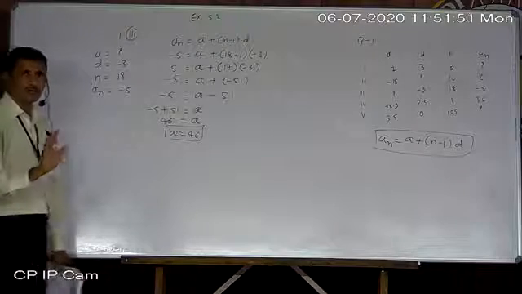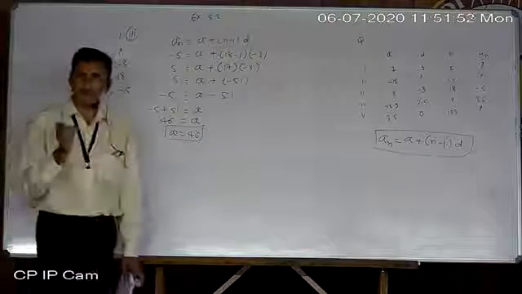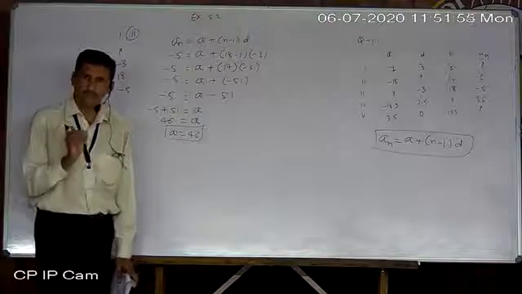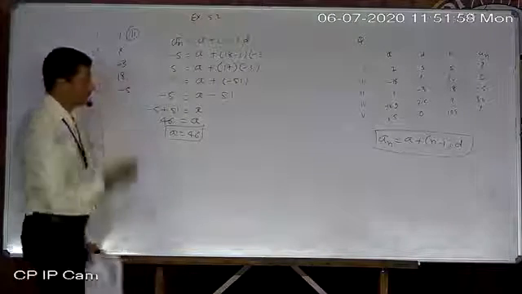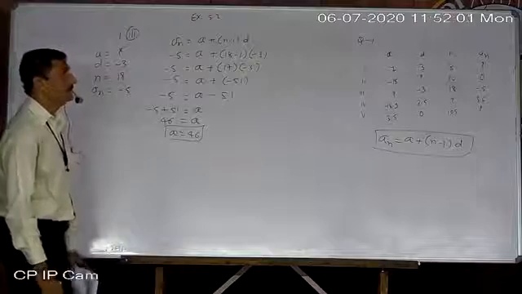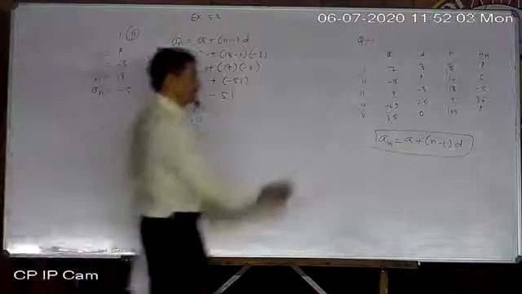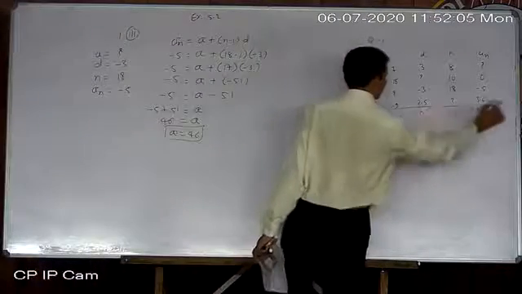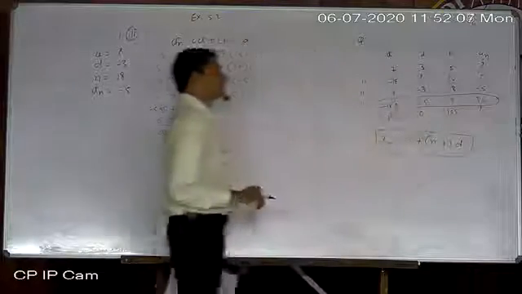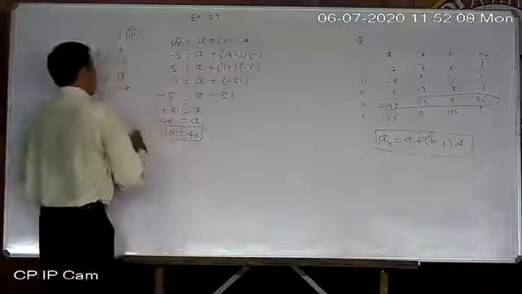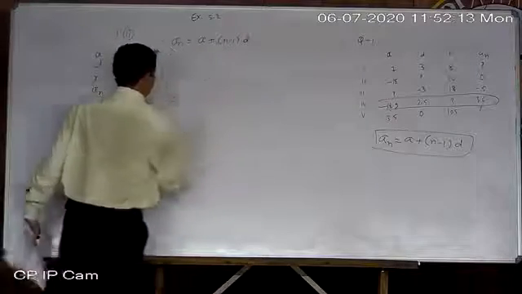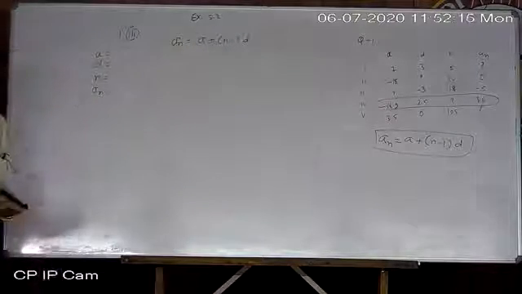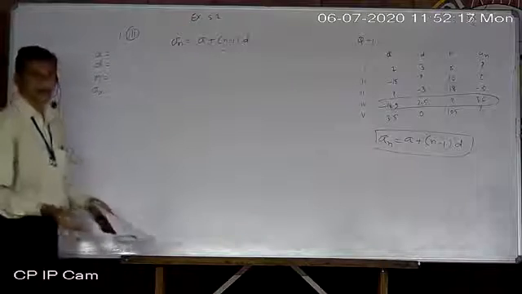So you feel every time the same process is there. Only a new variable is being asked. Now look at 4. N is not there. Here N is not there. So again, prepare the list, write down the formula, put in the values, and then solve the equation.